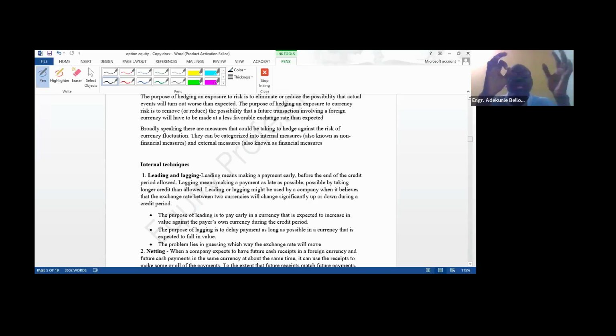One, we have the internal measures or internal techniques. Then you have external measures. Internal measures are referred to as non-financial measures.